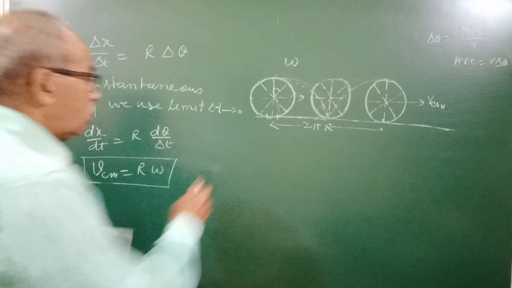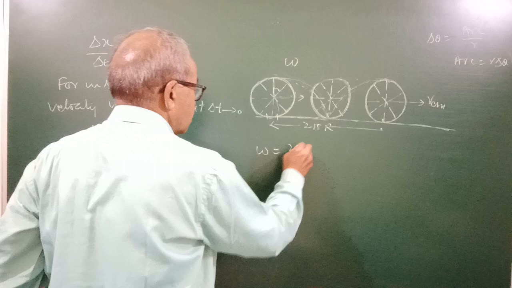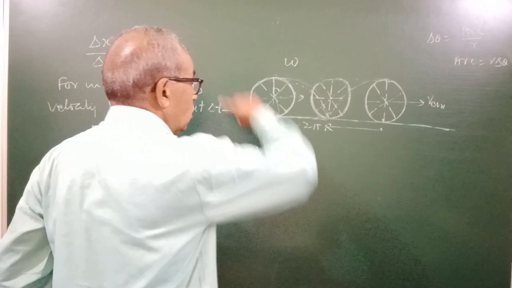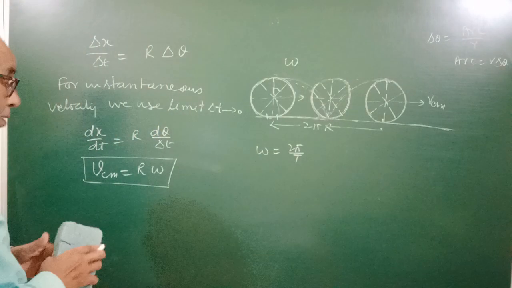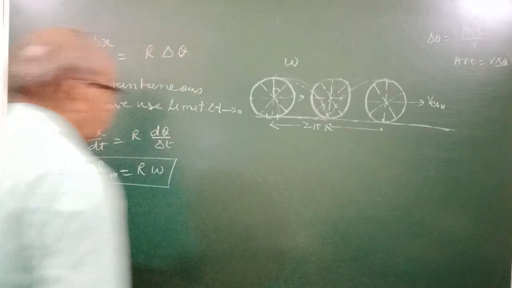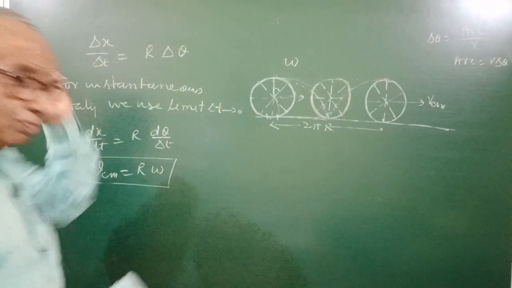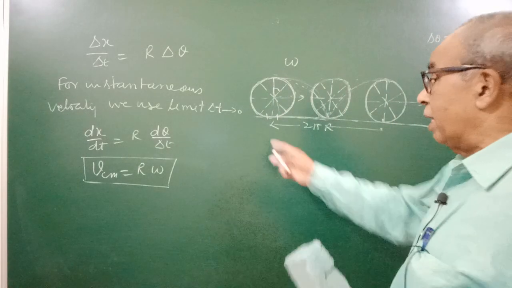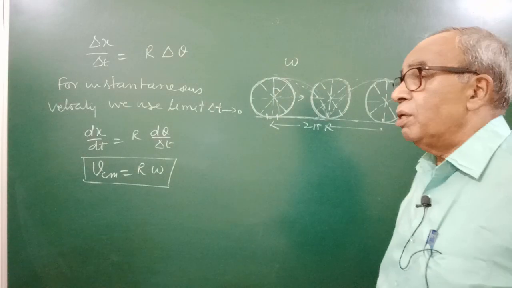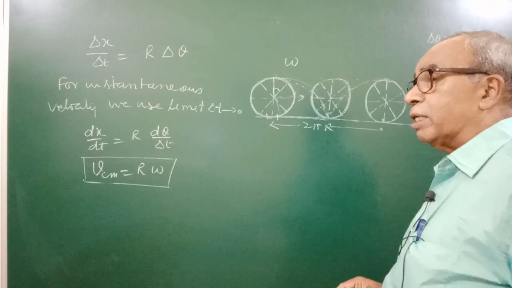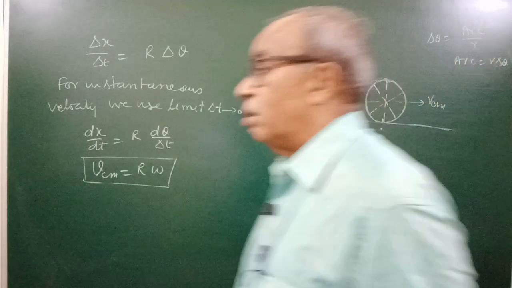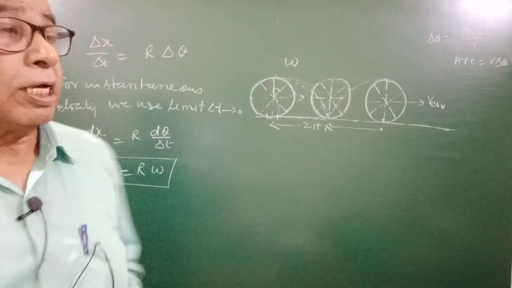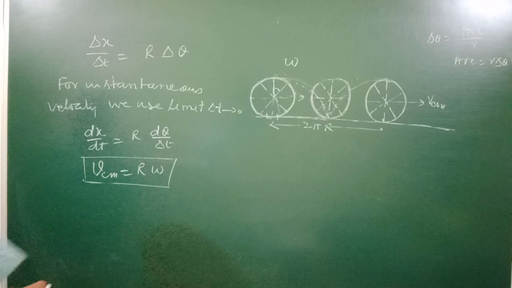Now here omega is also 2 pi upon T, capital T, time taken to complete rotation, and therefore if in one complete rotation body moves a distance 2 pi r, then body is said to rotate without slipping, and is a case of perfect rolling.